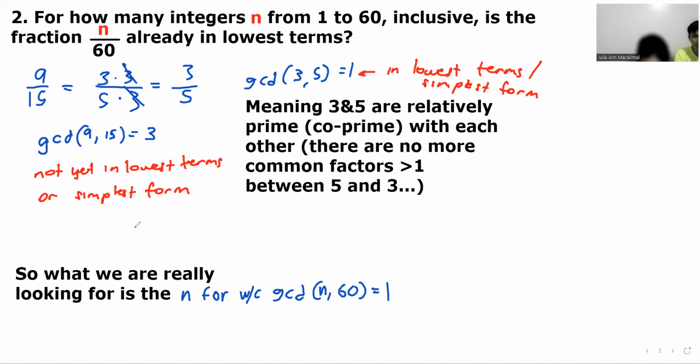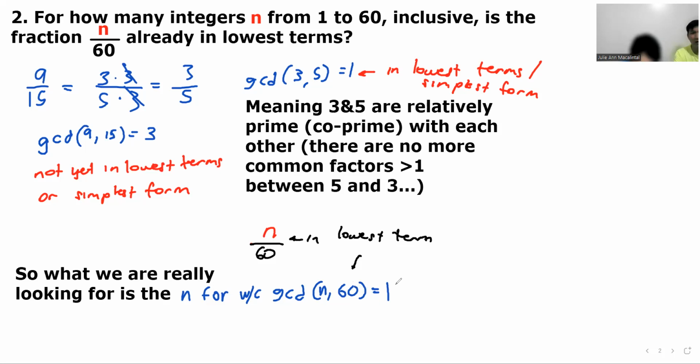This is the one I have to press. So here, n over 60 is in lowest terms, meaning the GCD of n and 60 is equal to 1.